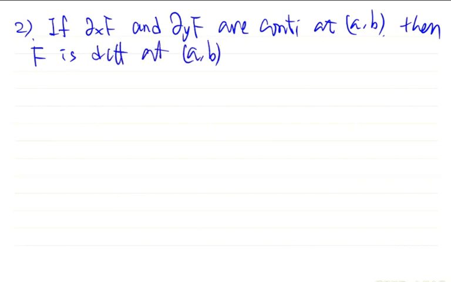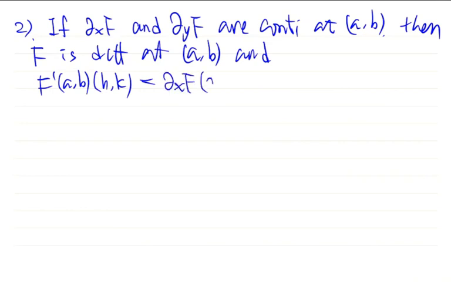And the previous equality is also true. The derivative of capital F at (a, b) acting on (h, k) equals, this is the same equality as above. Okay, so this is the relationship between the differentiability of capital F and our two partial maps F1 and F2.